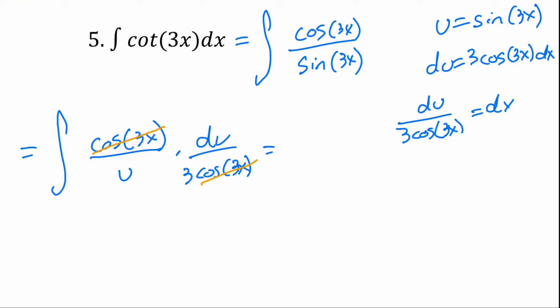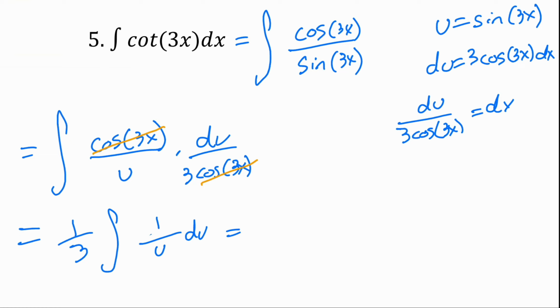Now, as we reintegrate this one, I'm going to rewrite this down here. We end up with 1/3 times the integral of du over u, or it might be easier to think of this as 1 over u times du. That du is often written in the numerator, but sometimes it's easier to see it off to the side.